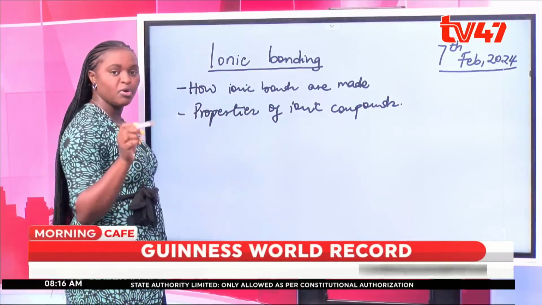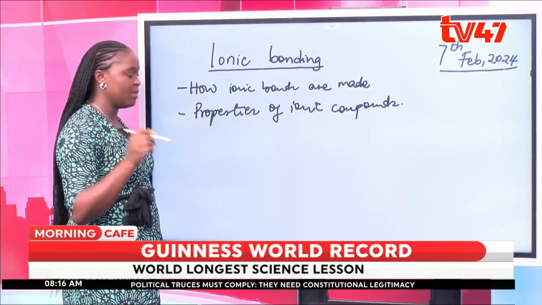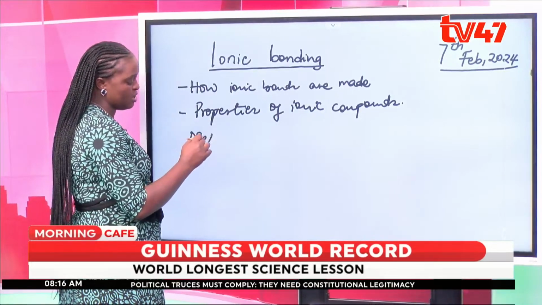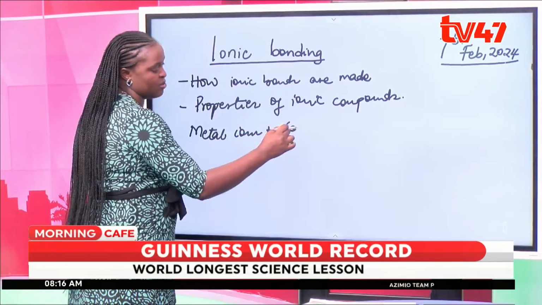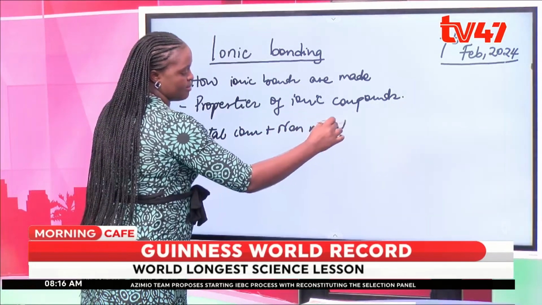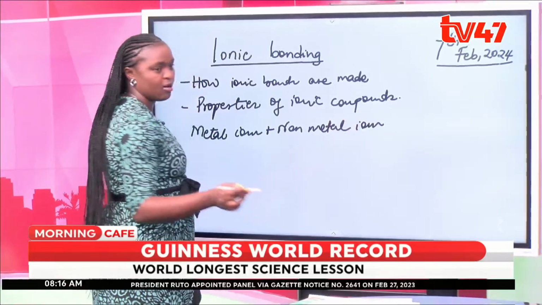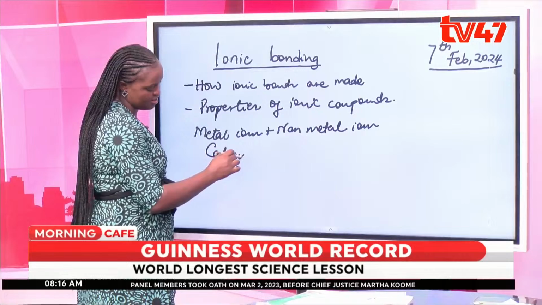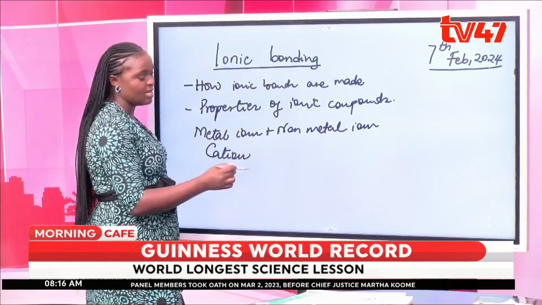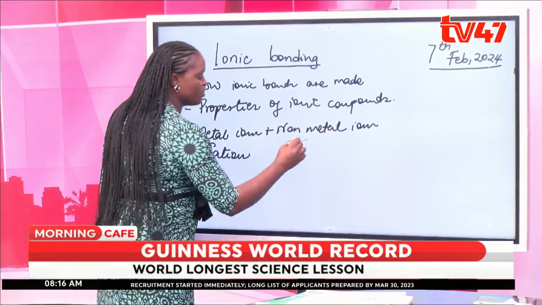Now, ionic bonds are bonds that are made between metal ions and nonmetal ions. Metal ions are positive, also known as cations, and nonmetal ions are negative, also known as anions.